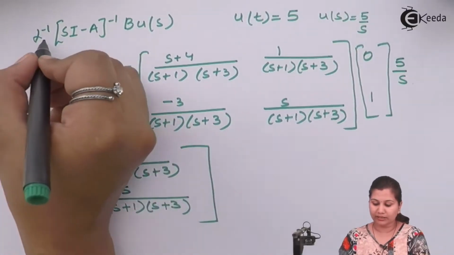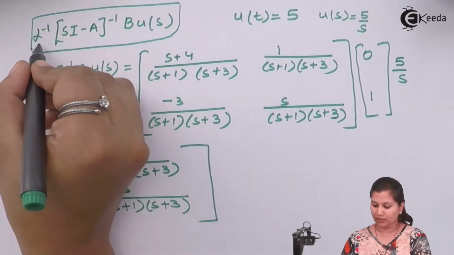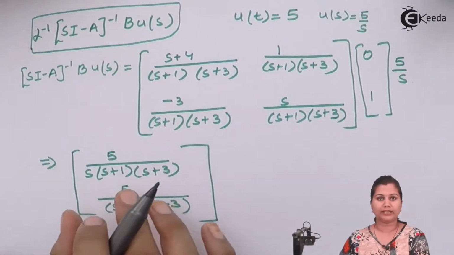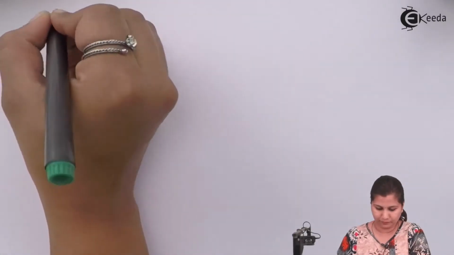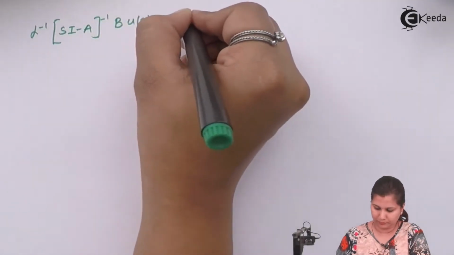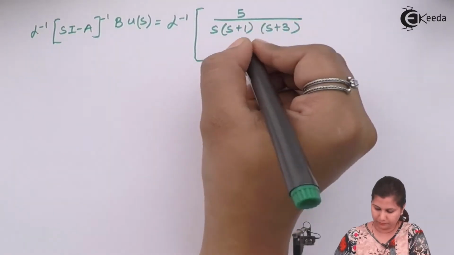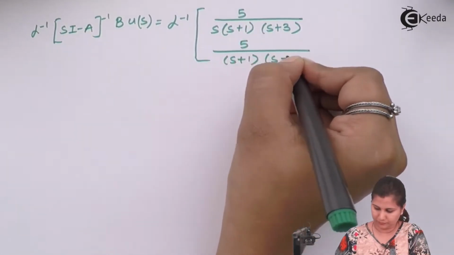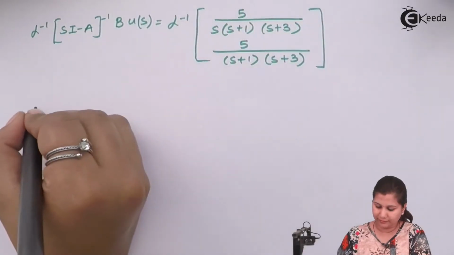Now we have to take the inverse Laplace transform of this. So for the inverse Laplace transform, we have to again convert it into the partial fraction form so that we can apply the formulas directly. So take the partial fractions here.